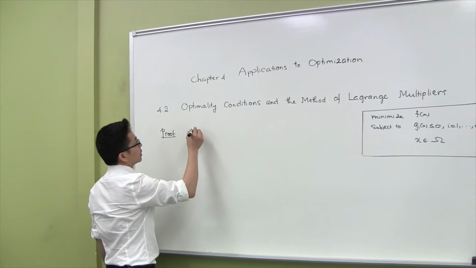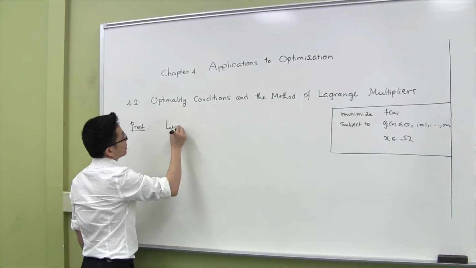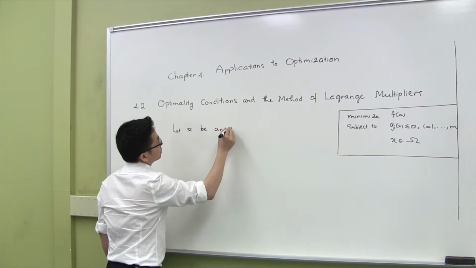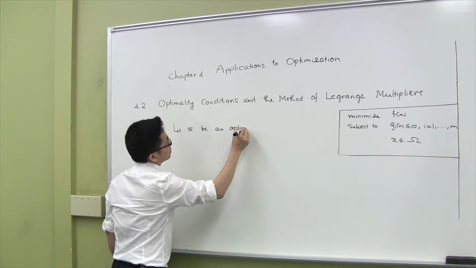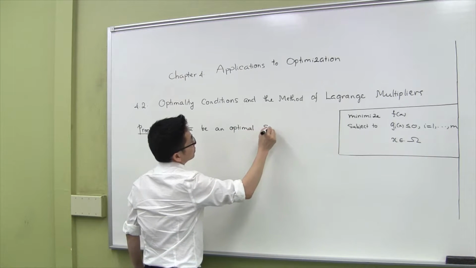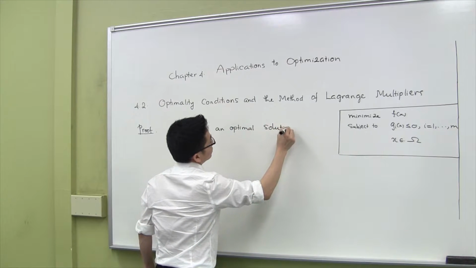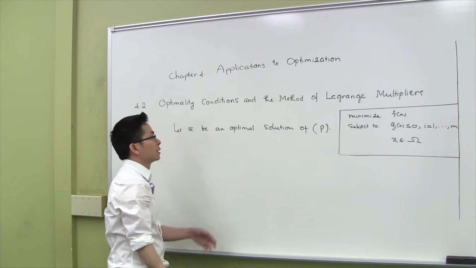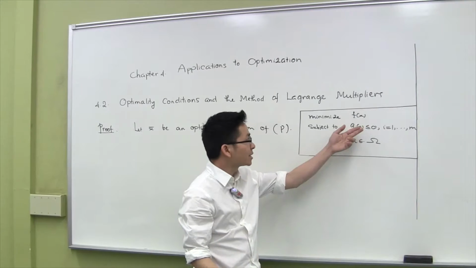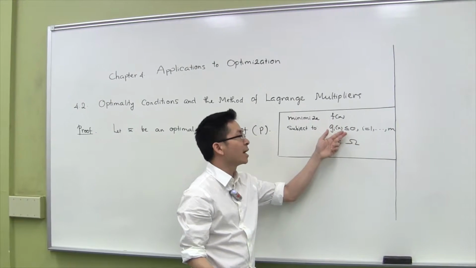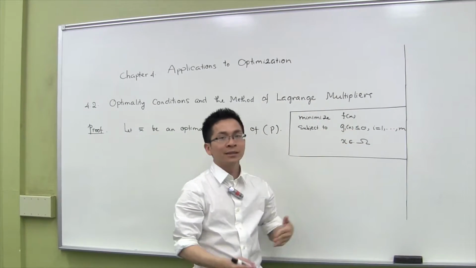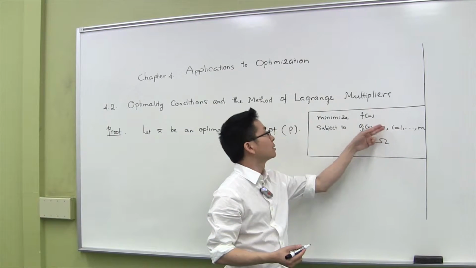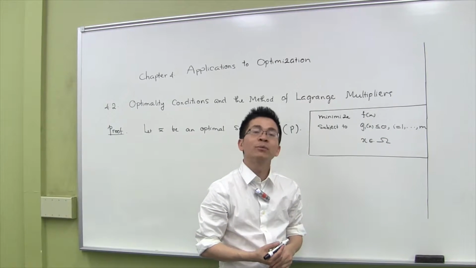Okay, so let x bar be an optimal solution of P. Okay, again, it means that x bar satisfies the constraint and f of x bar is less than or equal to f of x for any x that is a feasible solution.